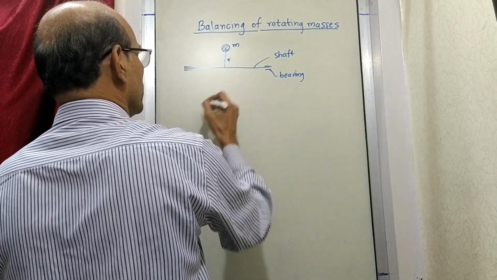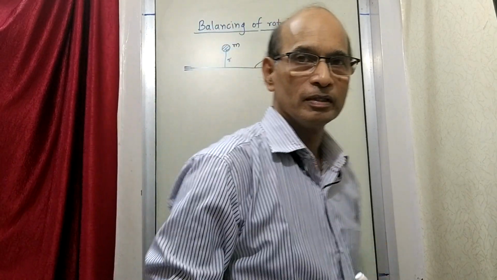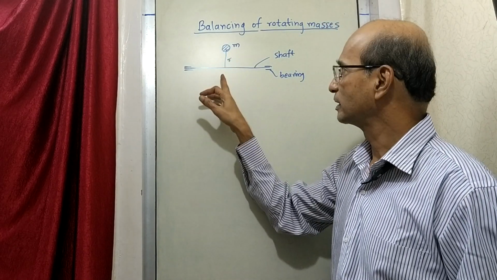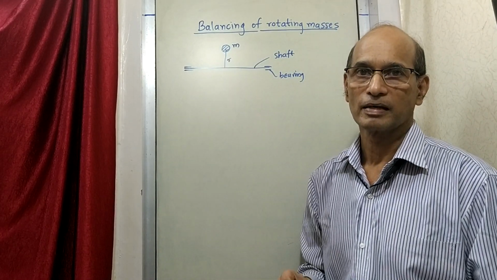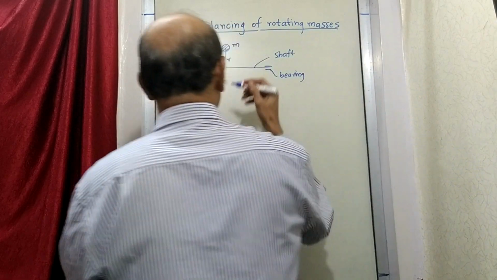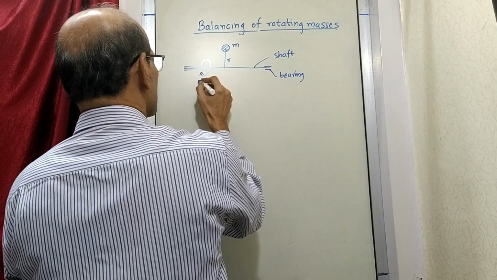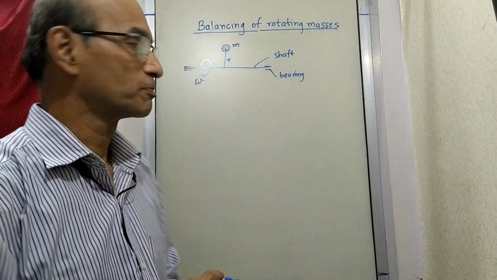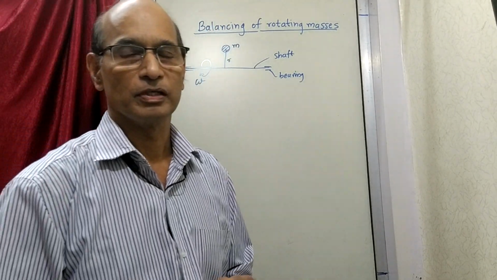There is a mass m fitted. That means on a shaft there is one mass m fitted at a distance of r from the axis of the shaft. Now this shaft is performing a rotary motion. It has got angular velocity omega radians per second. That is the angular velocity.